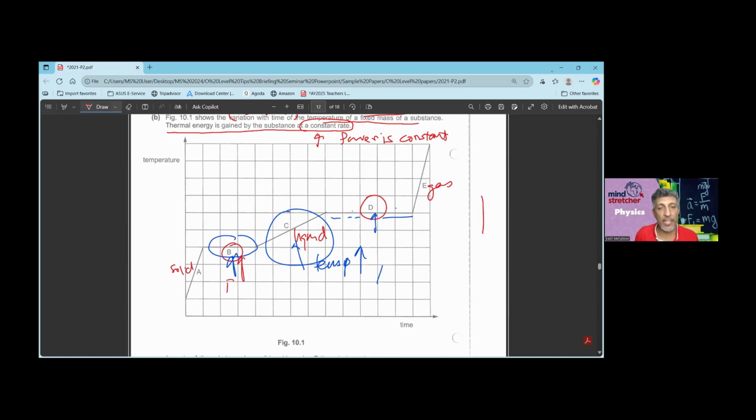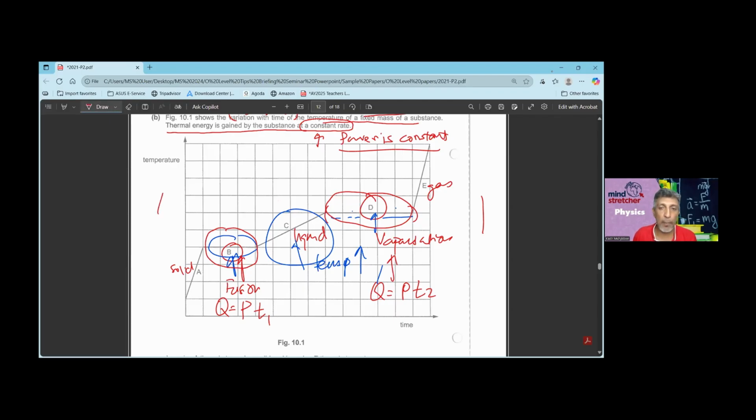This is the latent heat of fusion, change of state, solid to liquid. This is the vaporization. Power is constant, but look at the time. The heat supplied here is power times time 1. The heat supplied here is power times time 2. You can see the time here is longer.